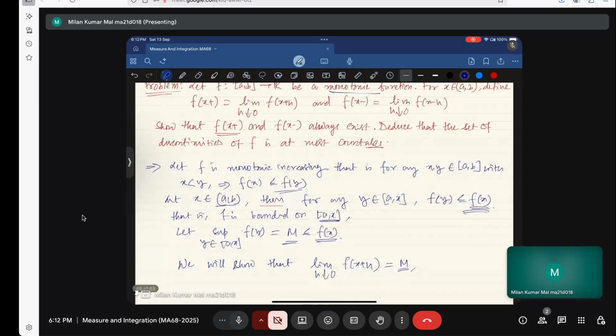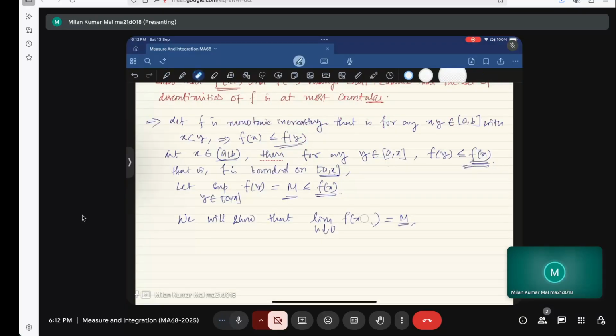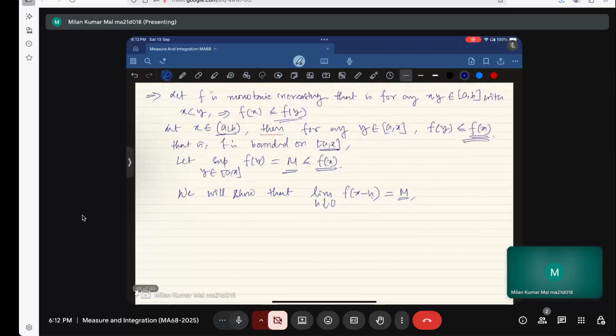Basically we will show the other one, that the limit of f(x-h) is equal to M as h tends to 0. That is what we will show.